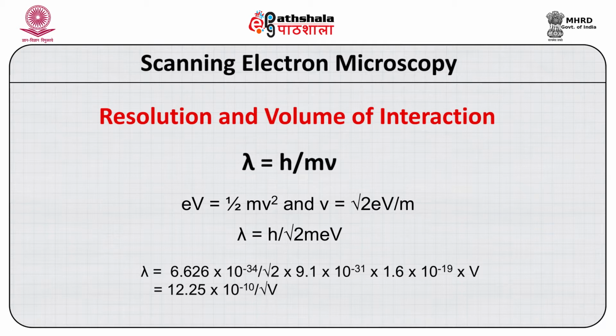For an accelerating voltage of 10 kilo electron volt, the wavelength of electron beam works out to be 12.25 picometer. As you can see, this is significantly lower and provides much higher resolution than an optical microscope. And for a 100 kilo electron volt beam, it is 3.87 picometer.